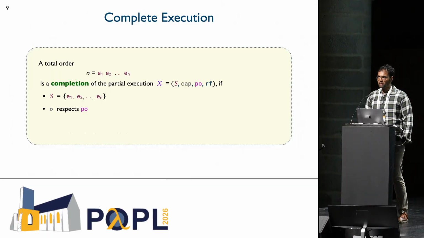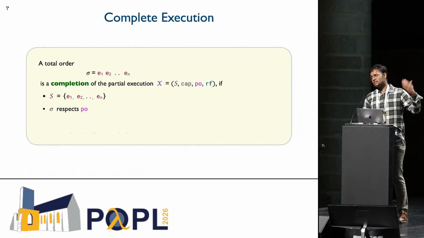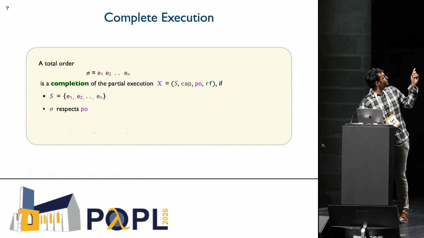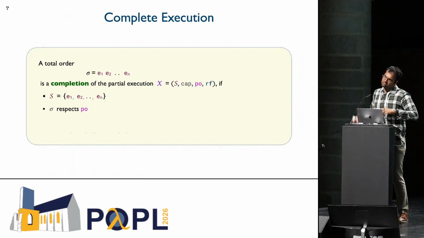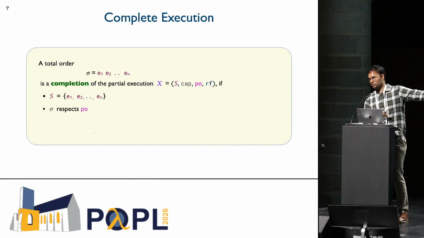All right, so that was part of the input. Let's also now talk about what are the kinds of things that we're looking for. We're looking for an interleaving of those sets of events. So let's talk about interleavings. An interleaving sigma of n events is a completion of the partial execution that I just talked about if, number one, it's a serialization of the set S, where S is equal to the set E1 through En.